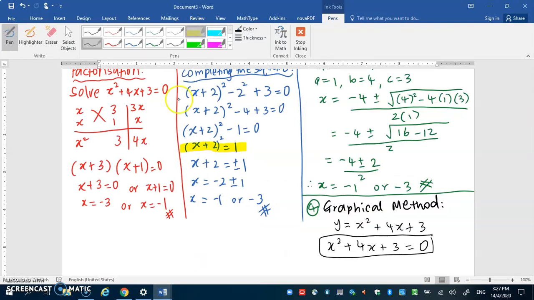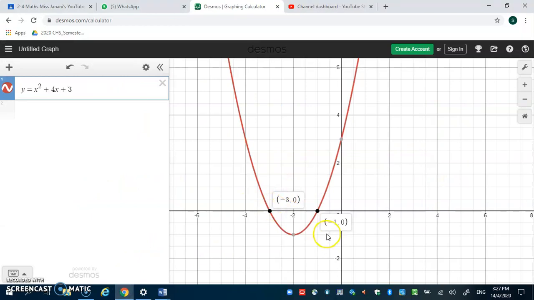X has been -3 or -1, all the way. Even when you plot the graph, the two solutions of x, that means the two x-intercepts, are -3 or -1. So whenever they say solve this equation in the graphical method, they are asking you for the two x-intercepts.